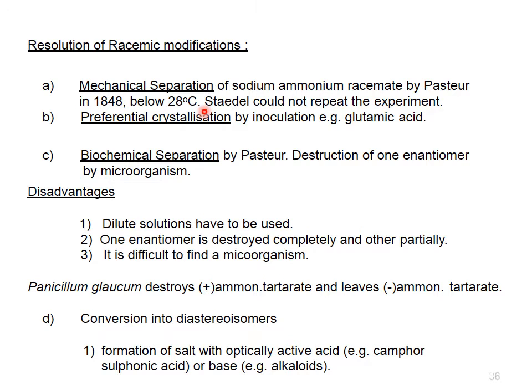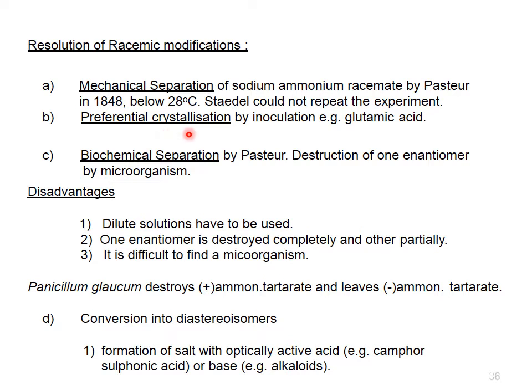But this method has disadvantages: dilute solutions have to be used. We use dilute solution, and one enantiomer is destroyed completely and the other partially. This means that if we are using a microorganism, it will destroy one enantiomer completely and the other partially.